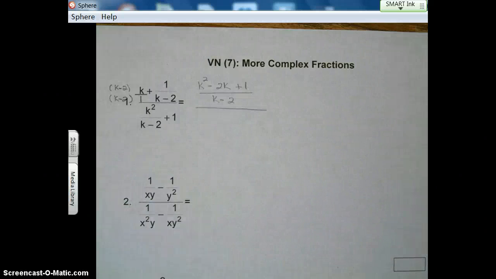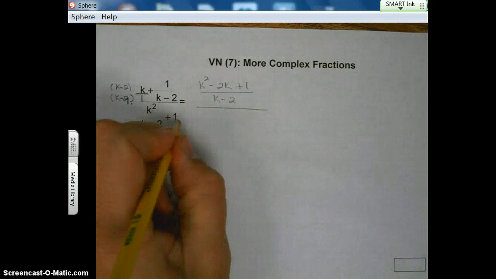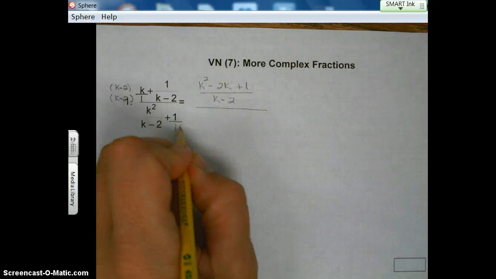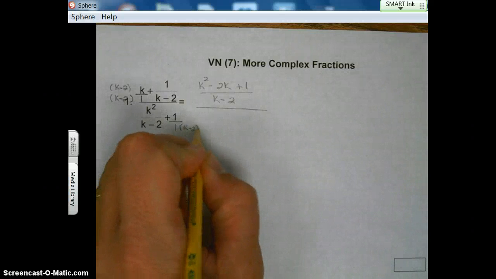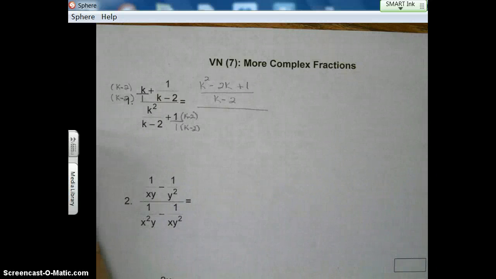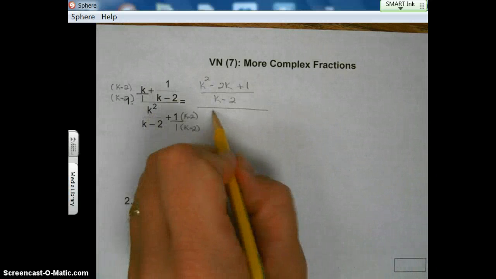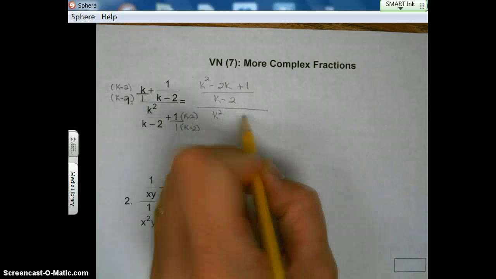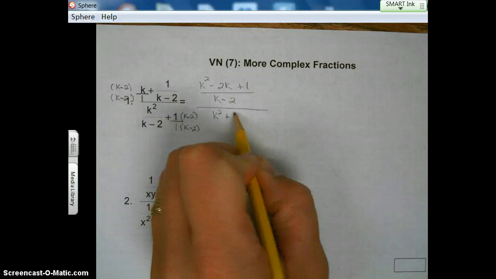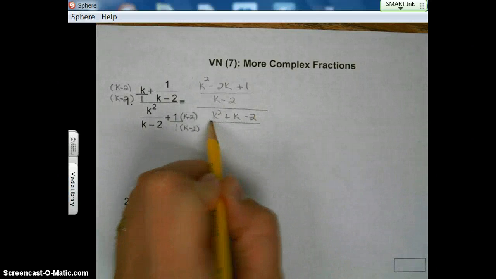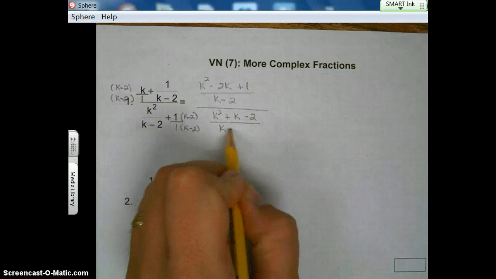Okay, getting a common denominator over here, we're going to put the 1 over 1. So this side needs a k minus 2. So we're going to get a k squared plus k minus 2 over k minus 2.